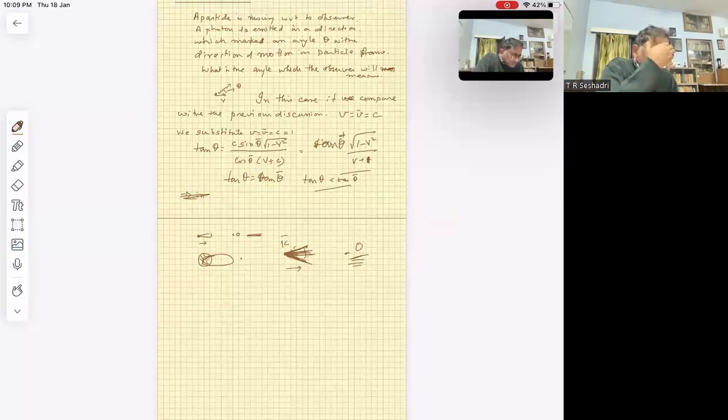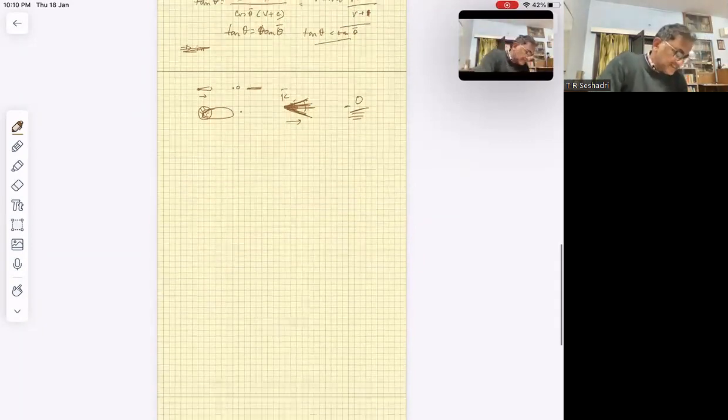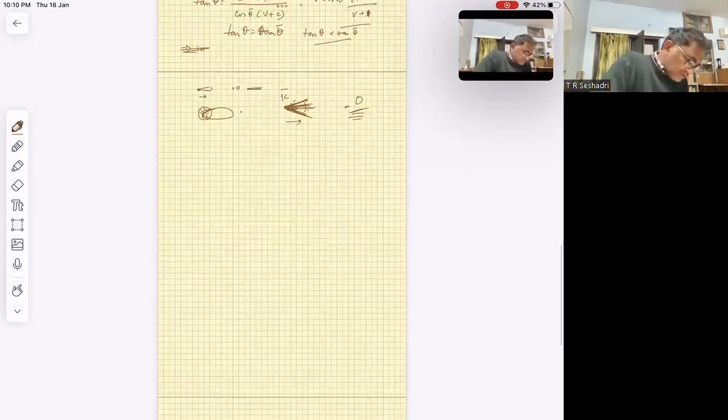It means that if you have an astrophysical object which is rushing towards you at a high speed, for example, there are these things called jets, like you have quasars, and they have jets.